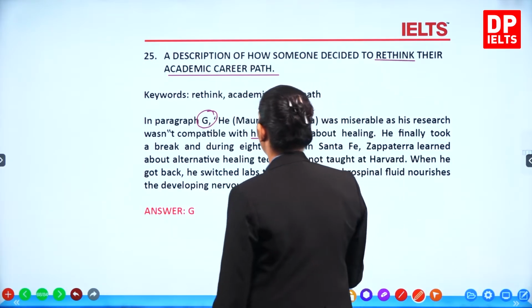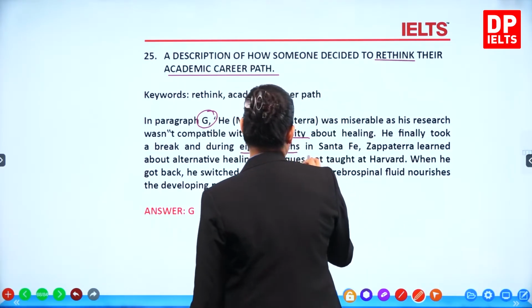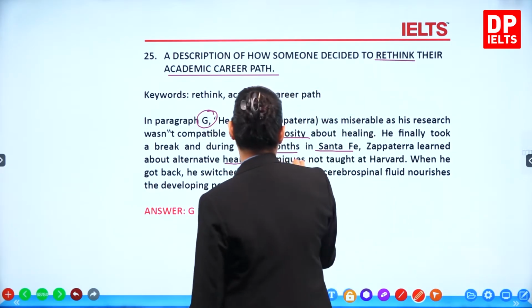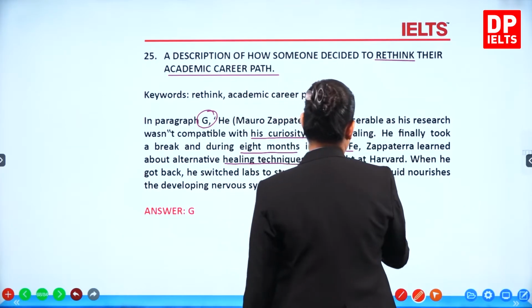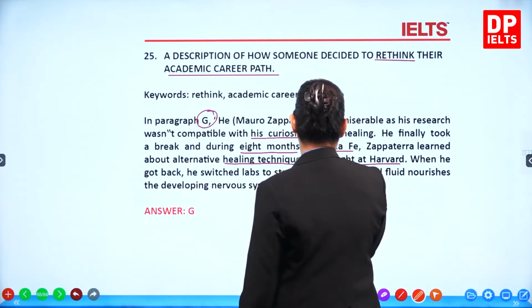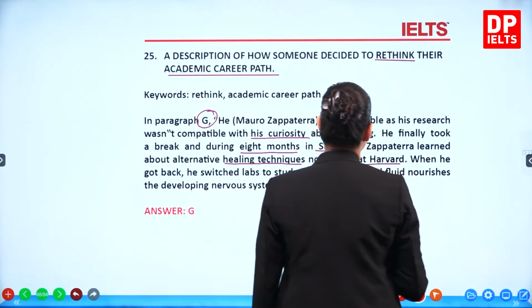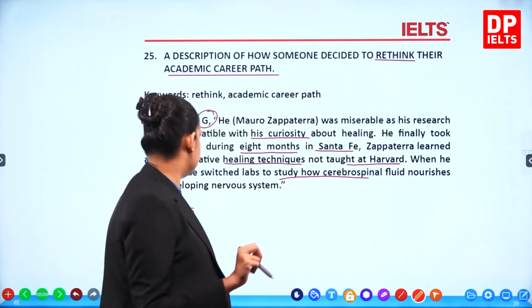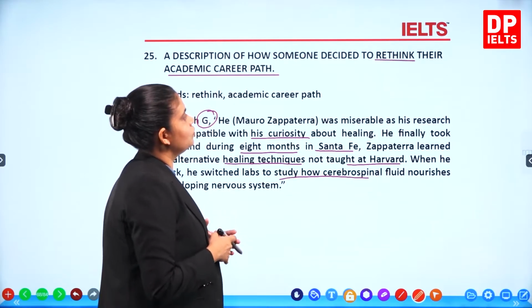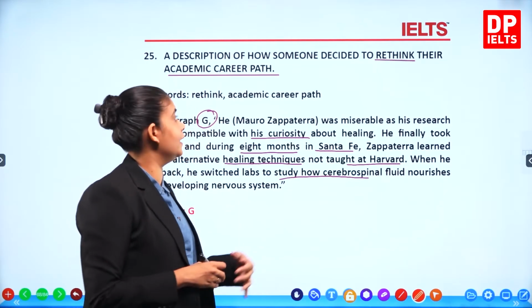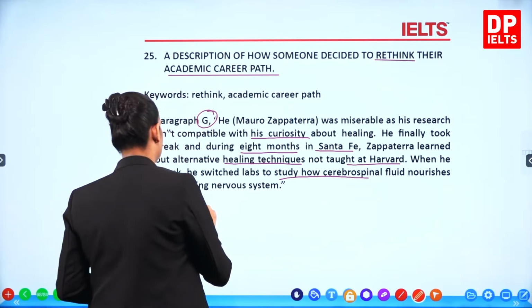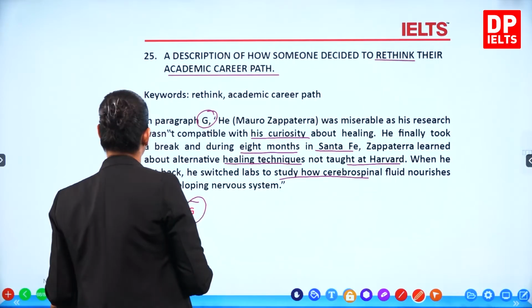He finally took a break during 8 months in Santa Fe, and he learned about alternative healing techniques that are not taught at Harvard. When he got back, he switched labs to study how cerebrospinal fluid nourishes the developing nervous system. So this is a description of how someone decided to rethink their academic career path. So I would say this is in para G, and the answer is therefore G.